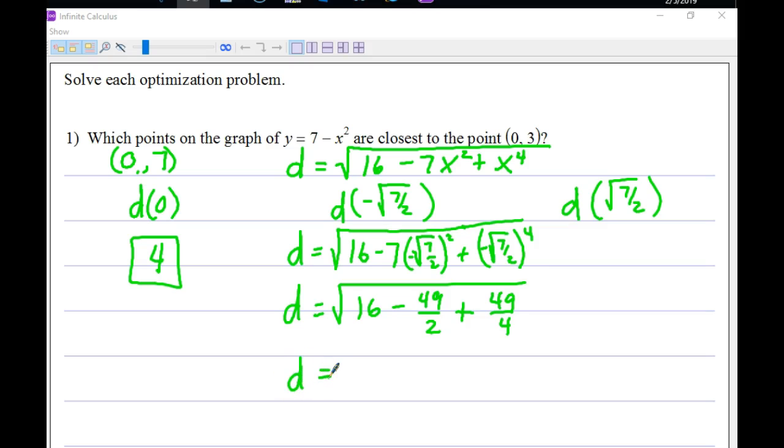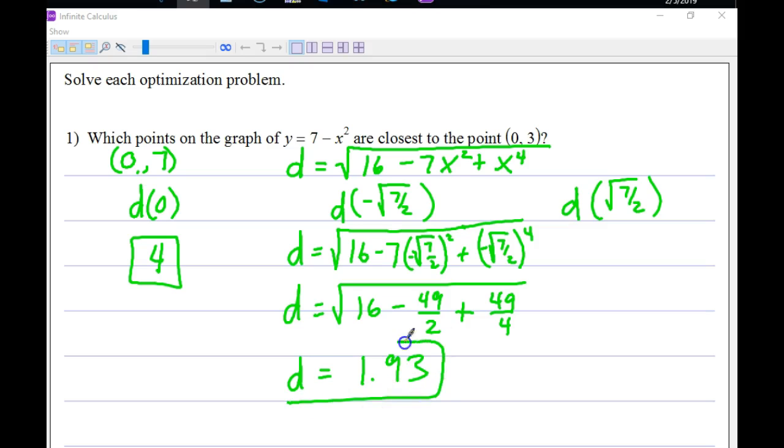I think for our purposes, I'm just going to go ahead and use a calculator and do decimals and kind of avoid the whole fraction issue going on here. This one comes out to be 1.93.